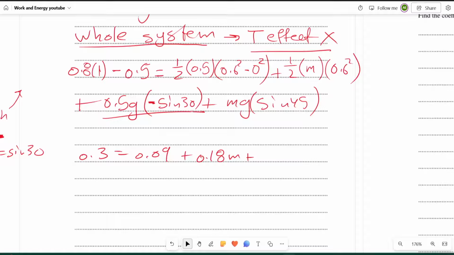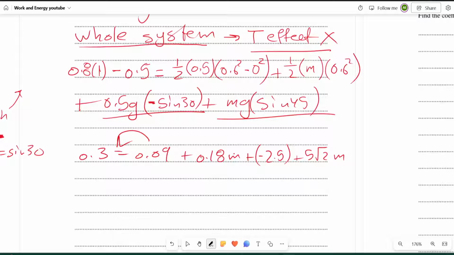That is going to be negative 2.5. And this term over here is going to be basically sine 45 times 10 times m. So it's going to be basically just 5 root 2 times m.